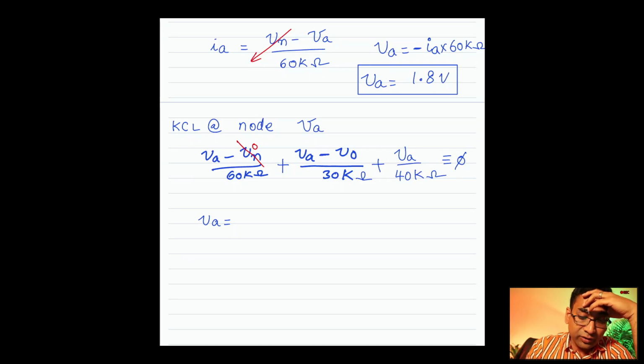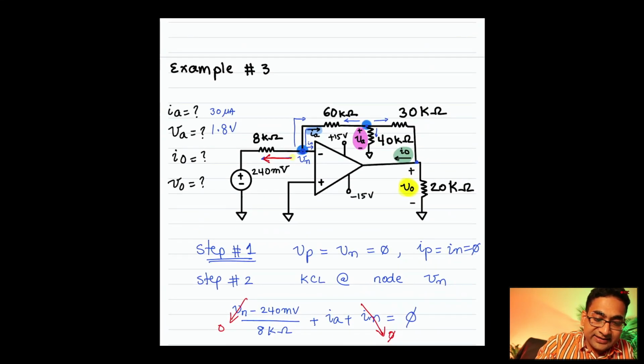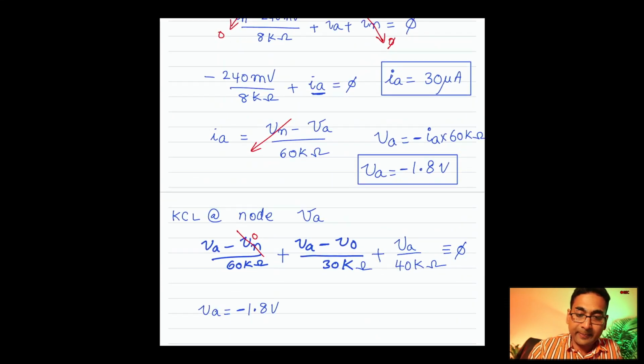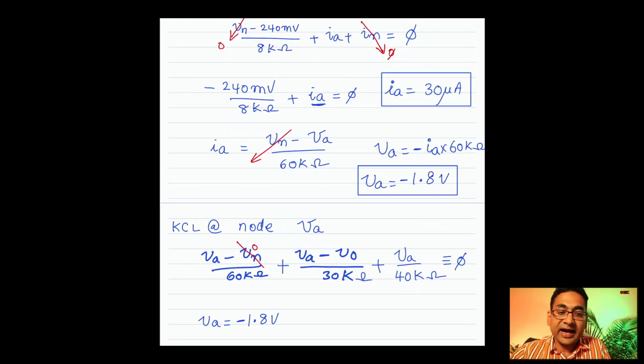We know the value of VA, which is going to be negative 1.8 volts, because IA is 30 microamperes. Don't forget the negative sign in there.